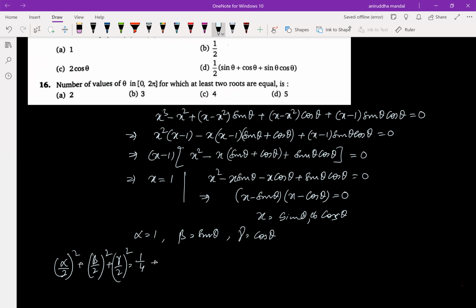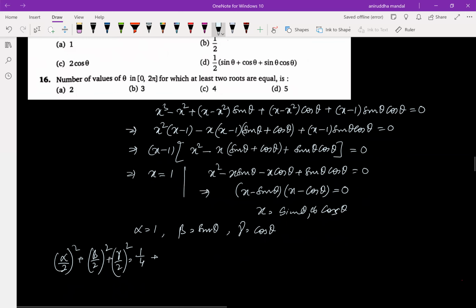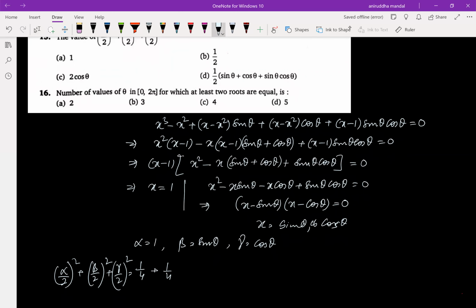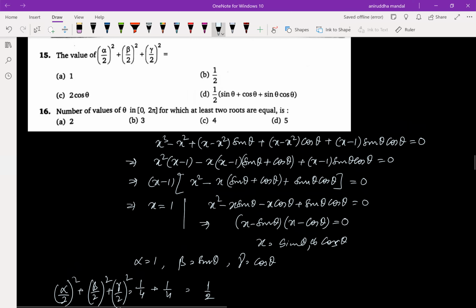So this is 1 by 4. This is again 1 by 4 sine square theta plus 1 by 4 cos square theta. So 1 by 4 sine square theta plus cos square theta is 1. So this is 1 by 2. So first answer is option B.